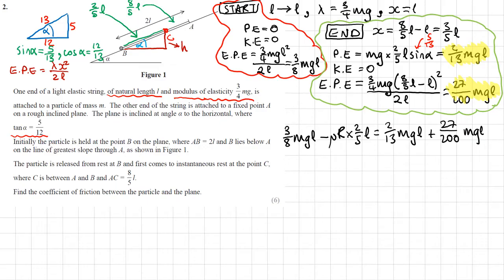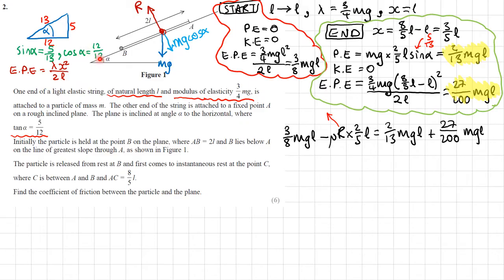Now we'll need to work out our normal reaction, so I've added that to my diagram. I've got the weight mg going down, so the normal reaction is going to equal this component here, and that's going to be mg cos alpha. Cos alpha is 12/13, so when I write my equation again in a minute, I'll write R as 12/13 mg.